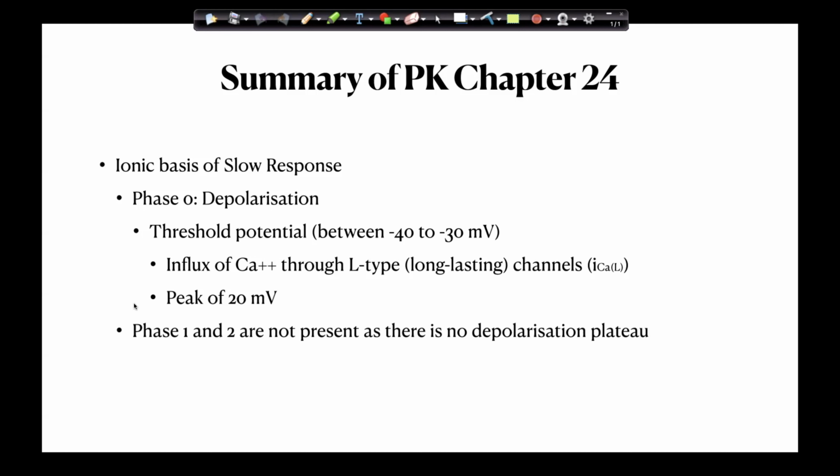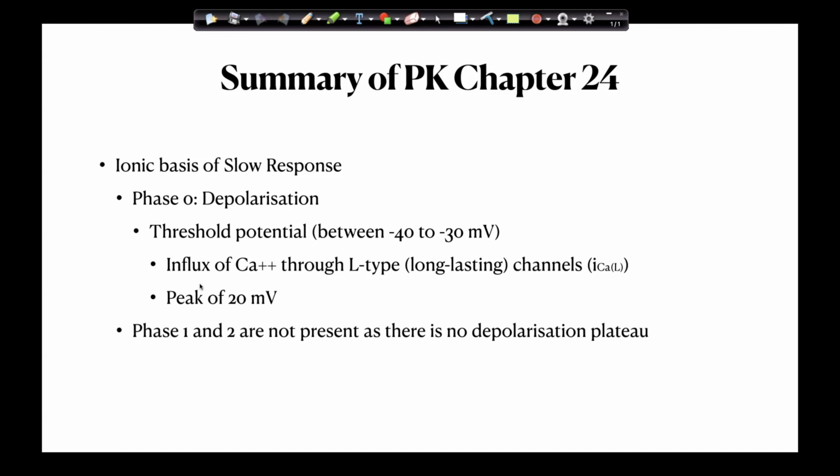What happens next is you get an influx of calcium through the L-type long-lasting channels, which we'll call ICaL. That reaches a peak of 20 millivolts. This is important to note as well, because that's going to be our range: minus 60 millivolts as the start and 20 millivolts as the peak.